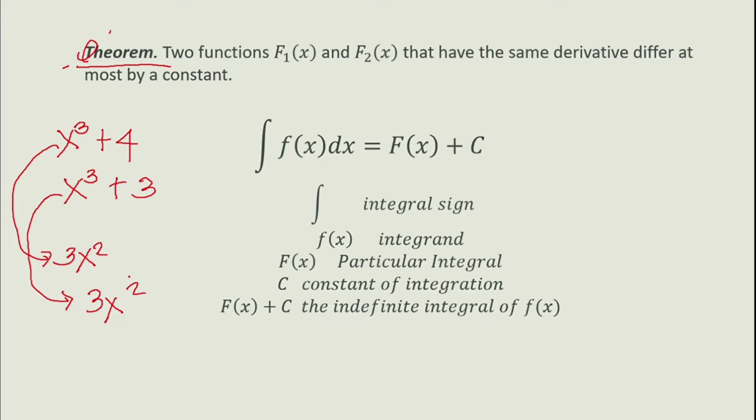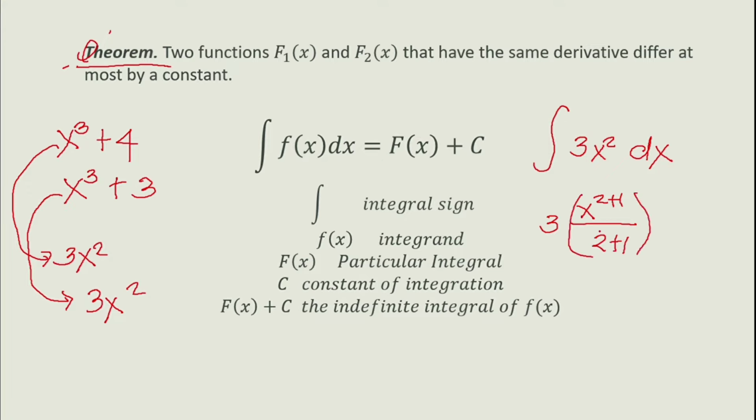So the inverse process of the derivative is the integral or the anti-differentiation. That's why if we're going to take the integral of 3x squared dx, the result of this one is x to the 2 plus 1 over 2 plus 1.